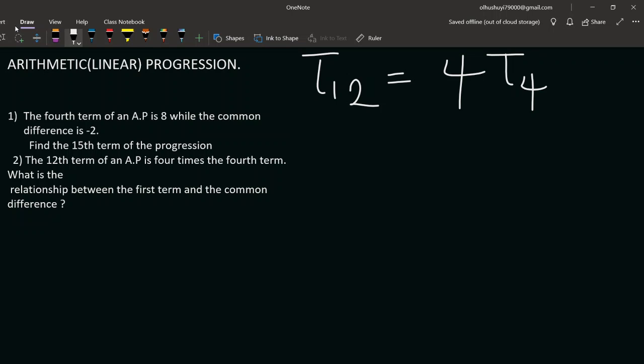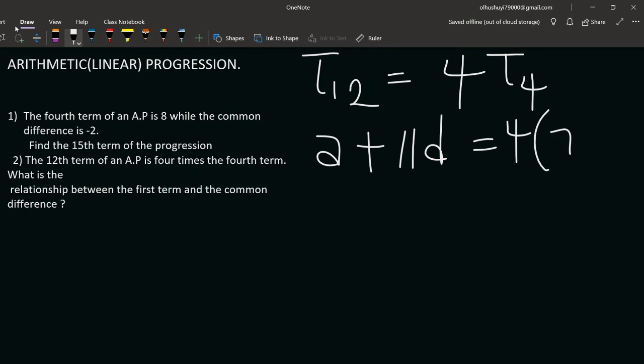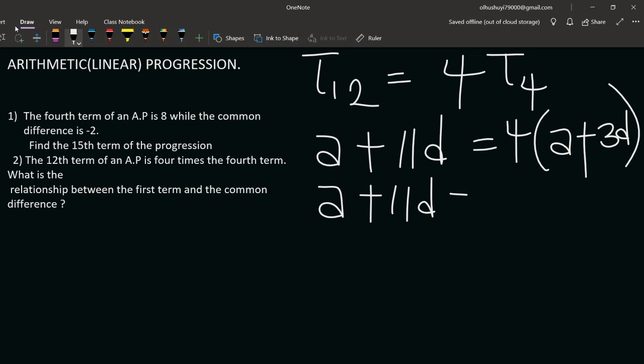So let's rewrite their formulas. T12 means A plus 11D, and that should be equal to 4 open bracket A plus 3D. So that means A plus 11D is equal to 4A plus 12D.